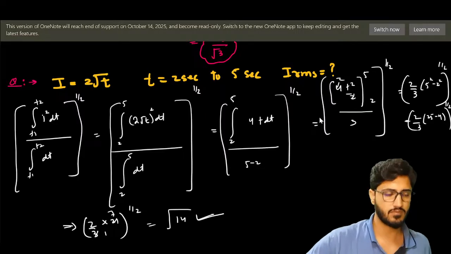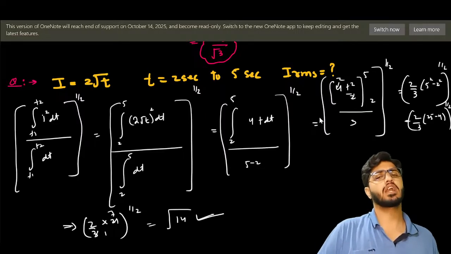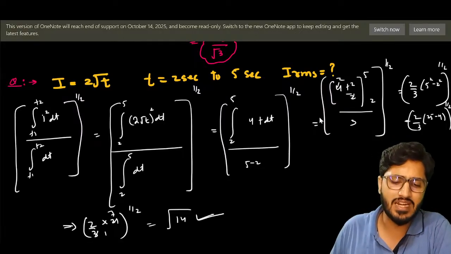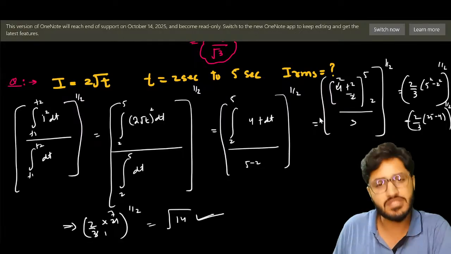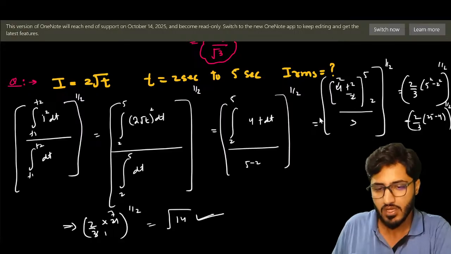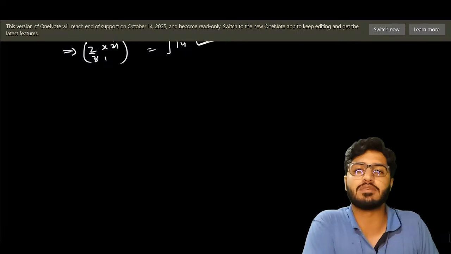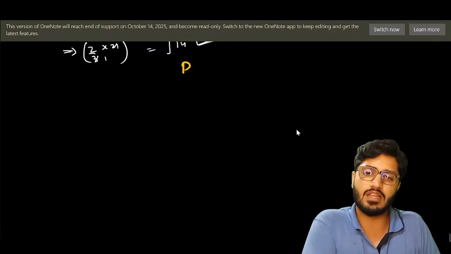Okay. So now we are talking about RMS. Do you know what is the real reason behind what RMS is all about? So now I will give you one feel. What basically is RMS? Root mean square.